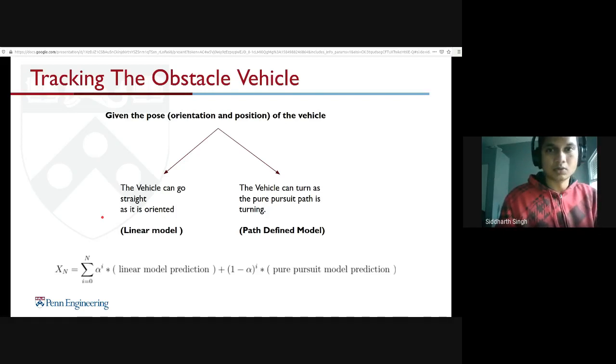Yeah, so if it was alpha raised to the power I instead of 1 minus alpha raised to the power I, as I increases, we would have the value of alpha decreasing, because alpha has to be between 0 and 1. So as I increases, we would have lesser weightage on the linear model and more weightage on the pure pursuit model, because alpha is decreasing as I is increasing.